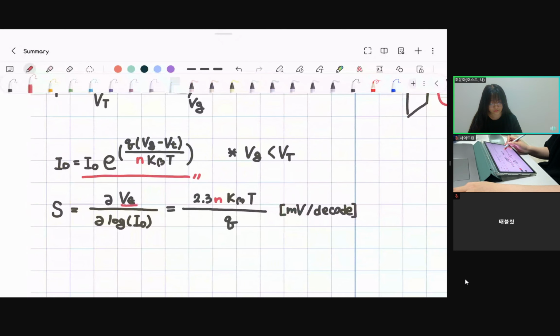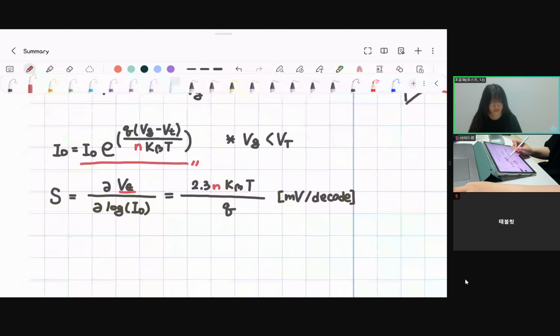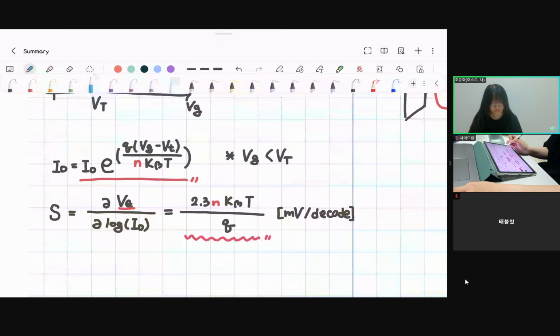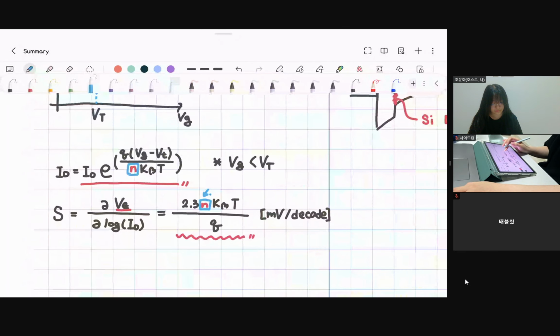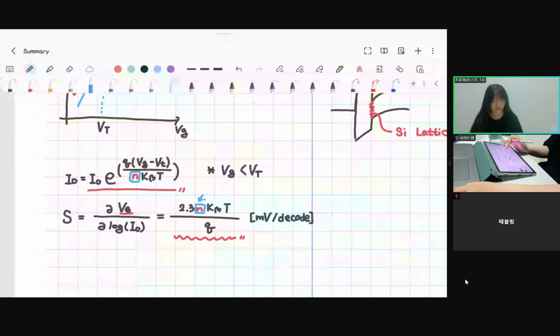So we derive this drain current and we can make this conclusion. There is an n in these formulas, and I'll explain it in the next chapter.